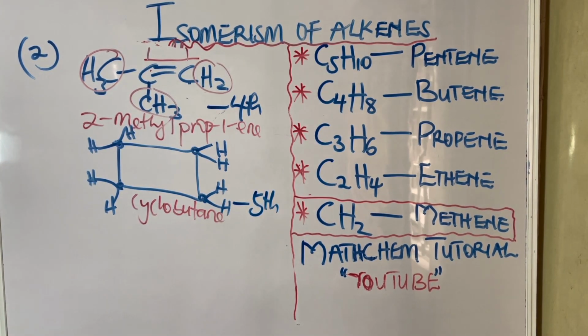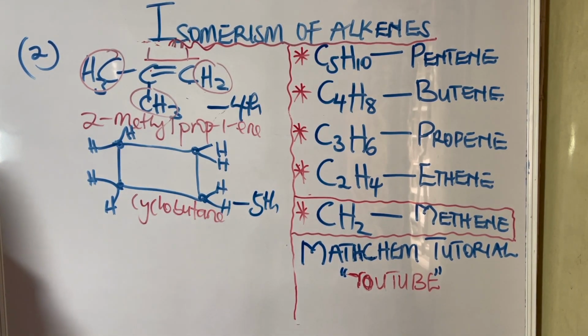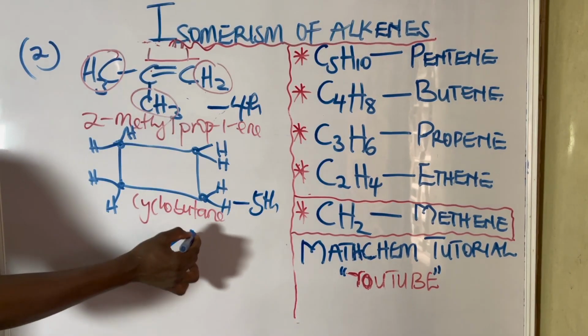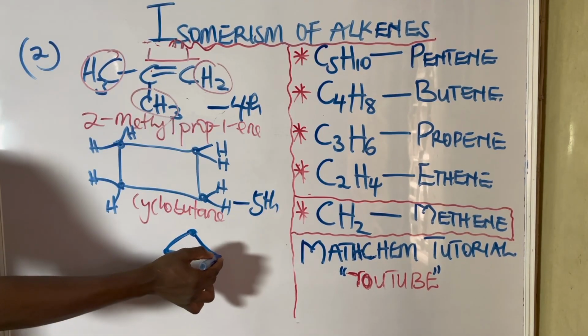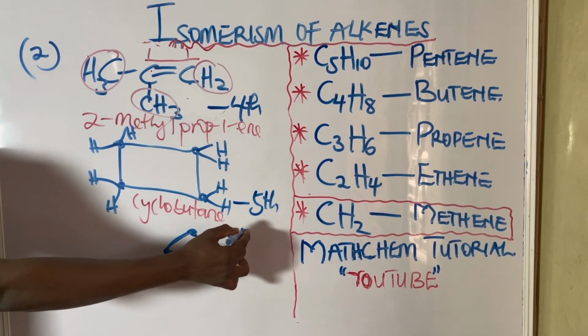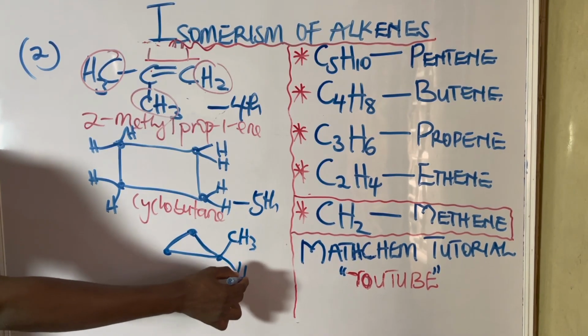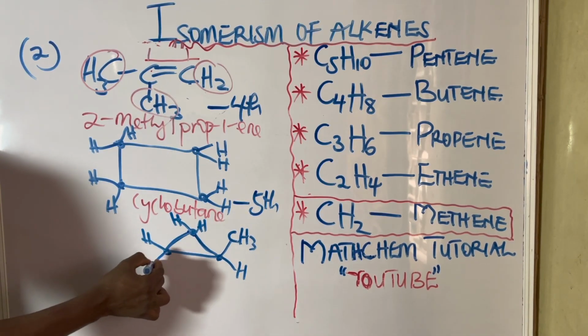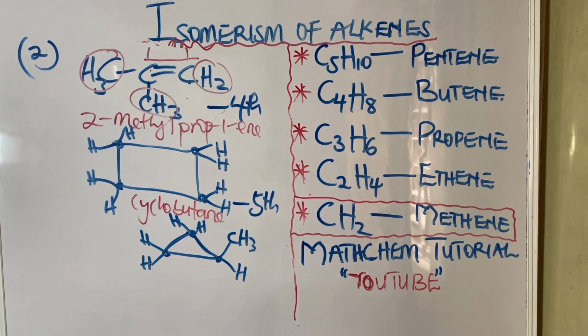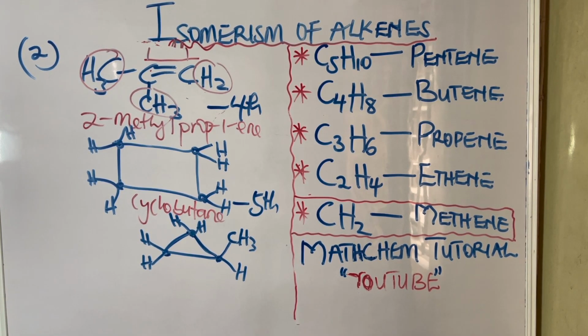So the next thing I can do is that I can now reduce it to 3, something like this. This is 3 carbon, 1 here, 1 here, 1, and the remaining one I can put it as CH3 here. So put this one as H, here H, put H here, and also H here. So looking at this, how many carbon do we have? 4. How many hydrogen? This is 8.